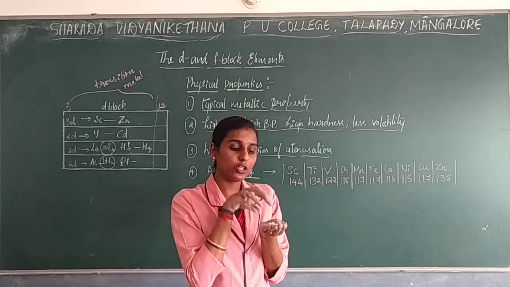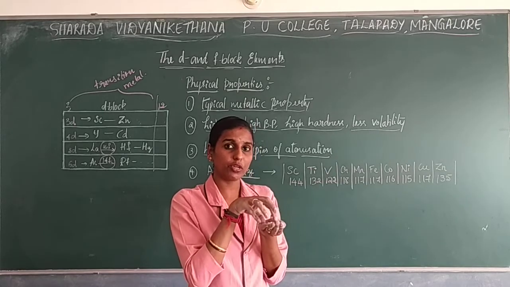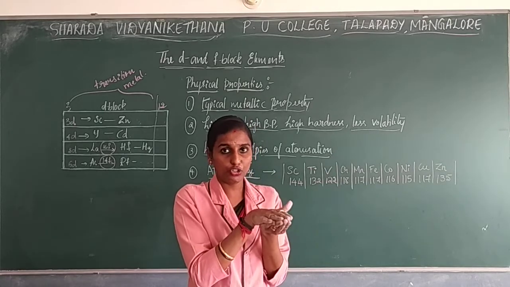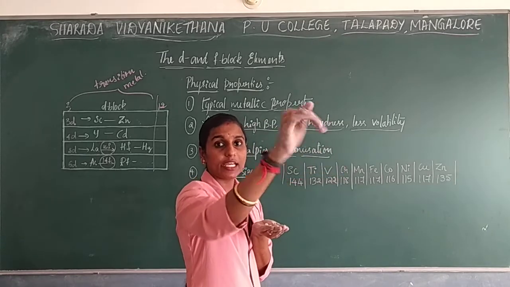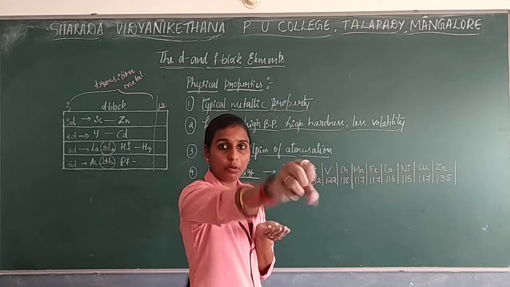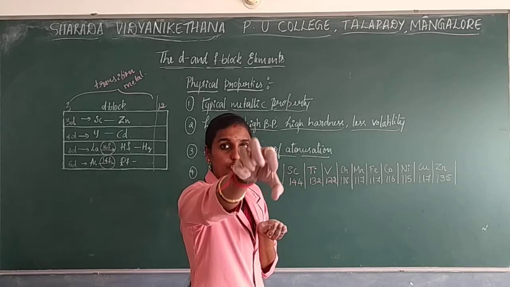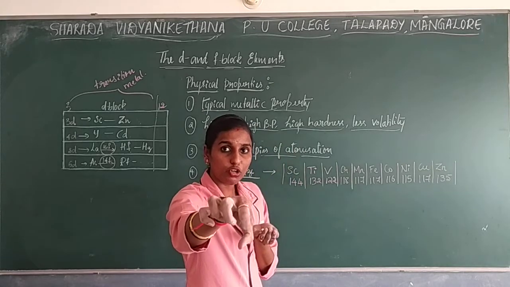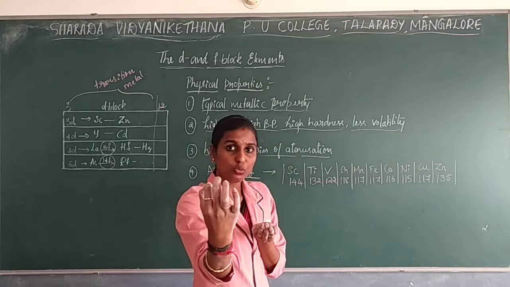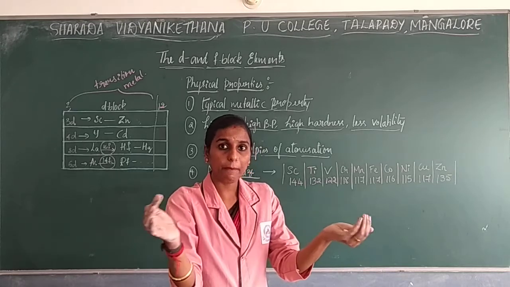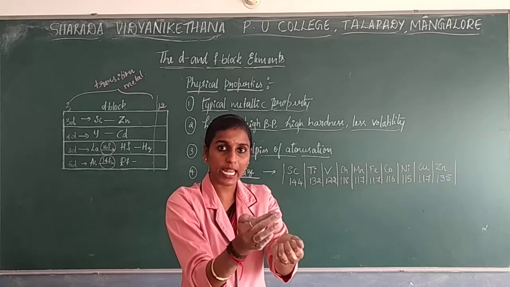So the net force of the nucleus on the incoming electron will become more. The hold on the electron from the nucleus will become more, so it will pull that electron towards the center. When it pulls, the size will become lesser.